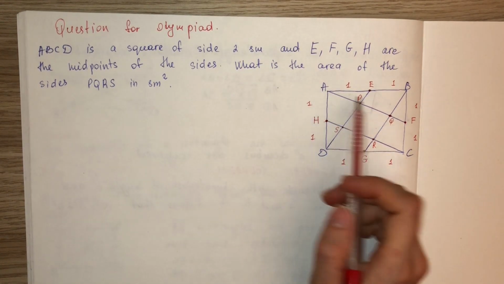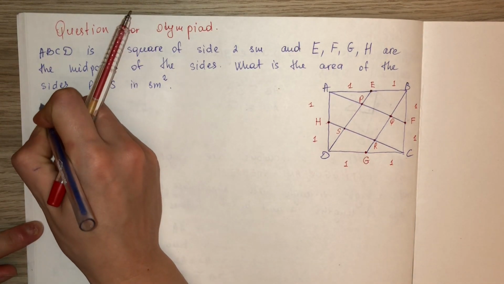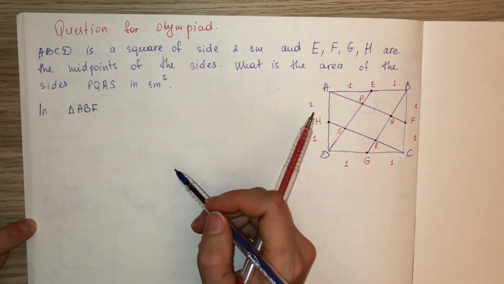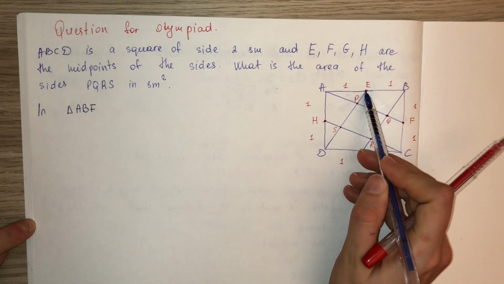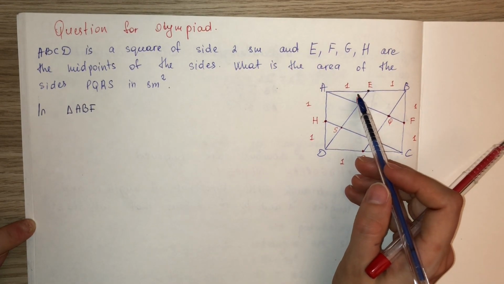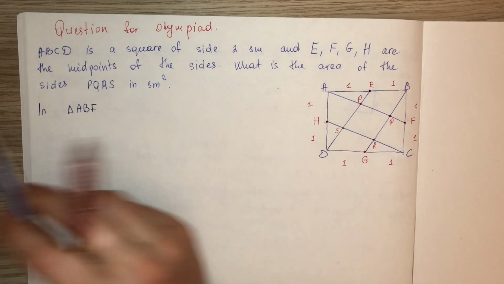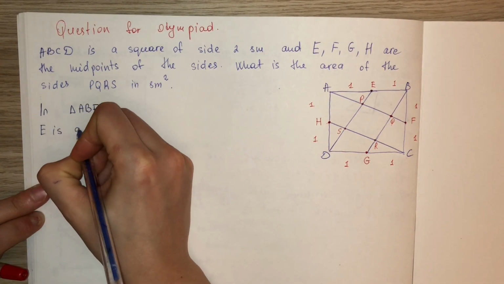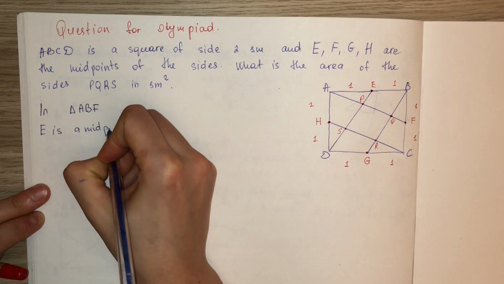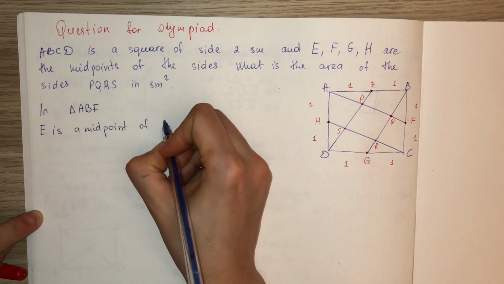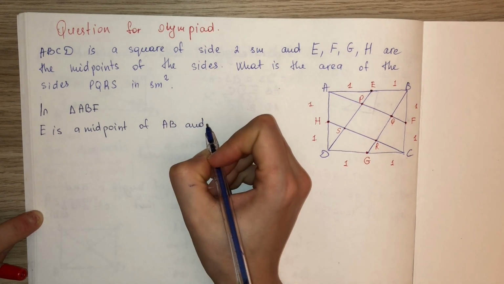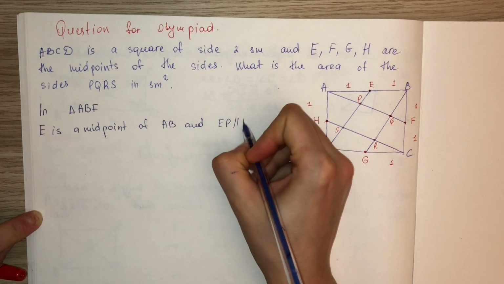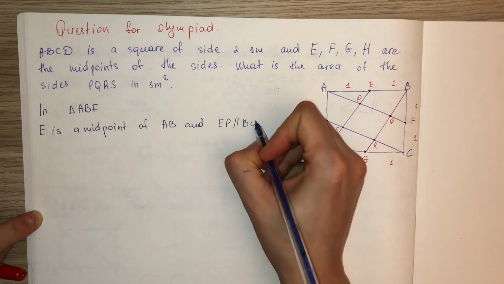So in triangle ABF, E is a midpoint of AB, and EP is parallel to BQ.